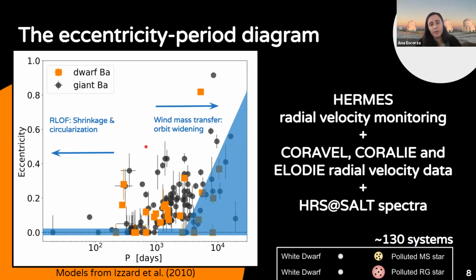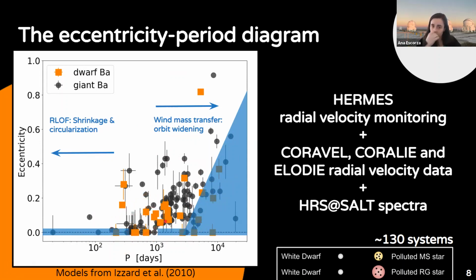On the other hand, if these objects form via wind mass transfer, we expect the orbits to widen, and we will only observe eccentric systems at longer periods than about 2000 days. You can see that what our data shows is not that. We have eccentric objects much earlier than this, and the models even predict a period gap that we clearly populate.